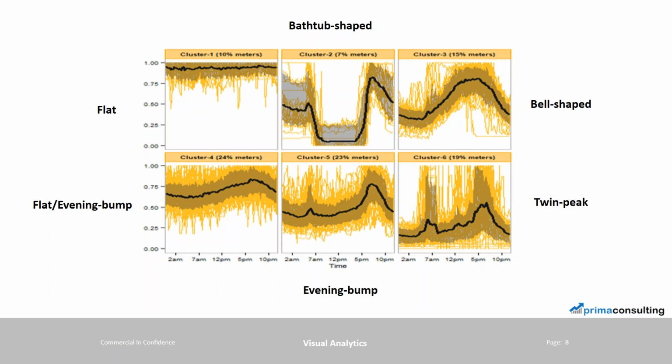The bathtub shape in the top middle might tell you that they already have PV installed, from that shape. For the flat ones, you might want to ignore them for selling solar panels. This is the sort of business decision we can make from a customer segmentation solution.